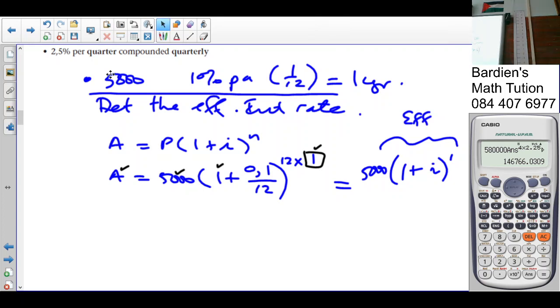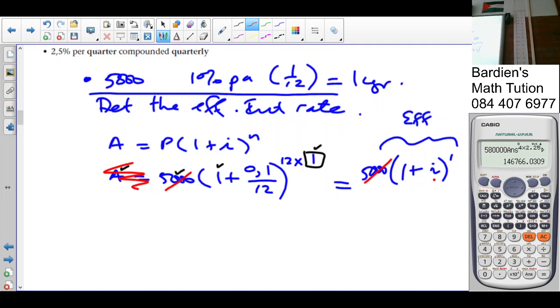Then if I want to calculate I, the 5,000s cancel. Not so? So in other words, to convert 10% per annum compounded monthly to an effective interest rate, I didn't actually need to have done this. Because what if it was 100,000? We'd have cancelled. If it was 5 million, we'd still have cancelled at this point. You all agree with that?